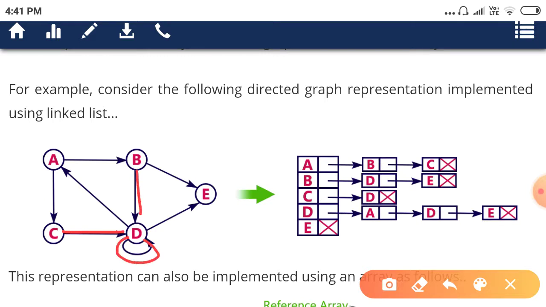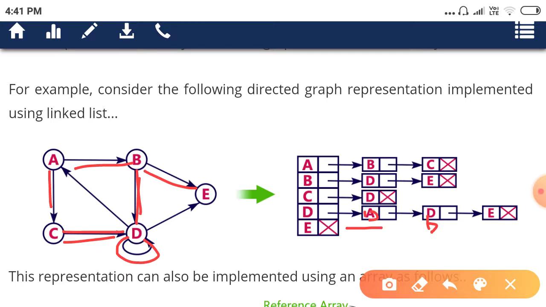Sorry, it is outgoing we are taking, not incoming, outgoing. From a: a to b, and then a to c. Next from b: b to d, b to e. And then c to d only.